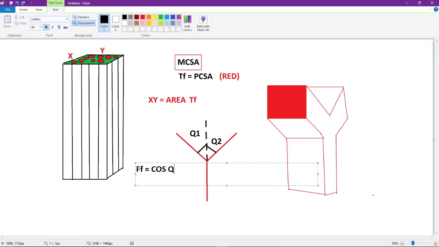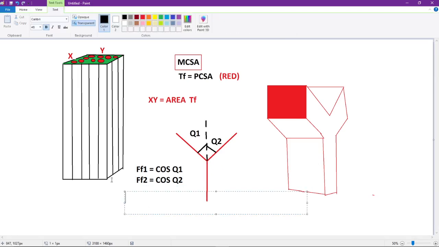So as we have the angle of pennation on one side as theta 1 and on the other side as theta 2, here we can write the fiber force of the first fiber on the left side will be cos theta 1, and the fiber force produced by the second bundle of fibers will be the cosine of theta 2.